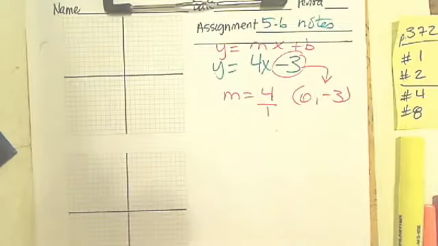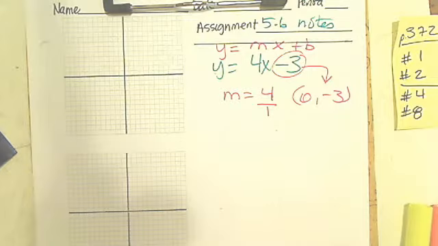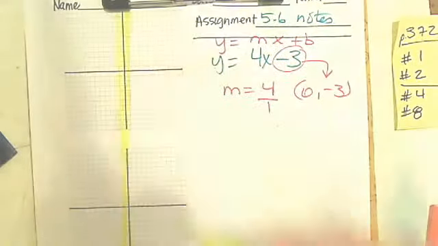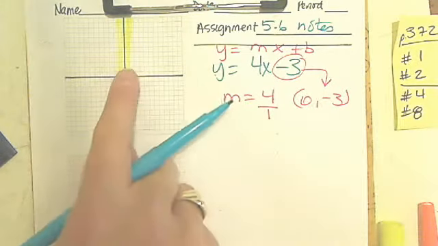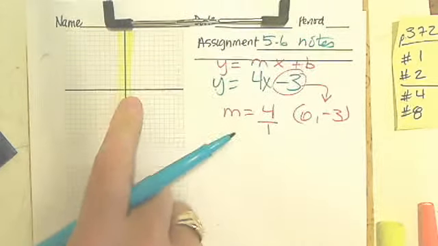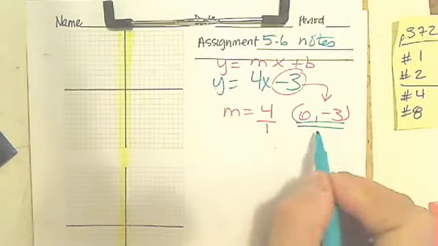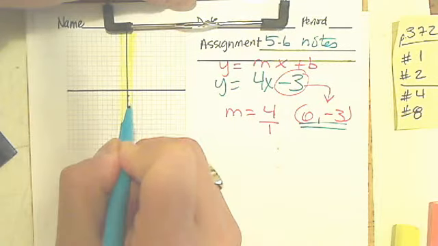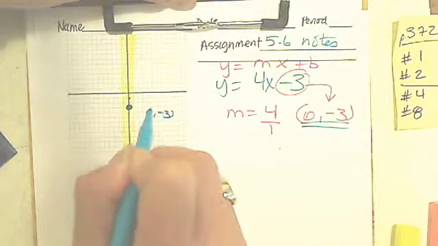Because we already have the point and the slope, students, the first point that should always go in a graph is always on the y-axis. That first point better be on that y-axis or else it's wrong. For now. Okay? So the first point we'll graph is 0, negative 3. 0, 1, 2, 3. 0, negative 3.